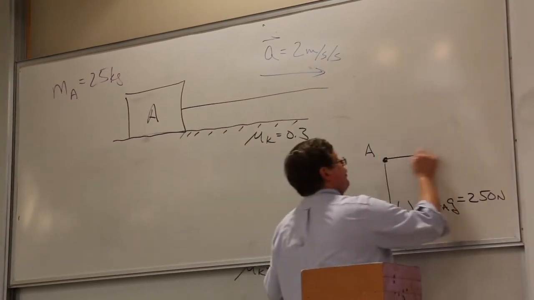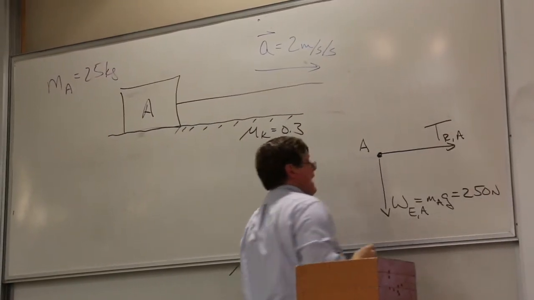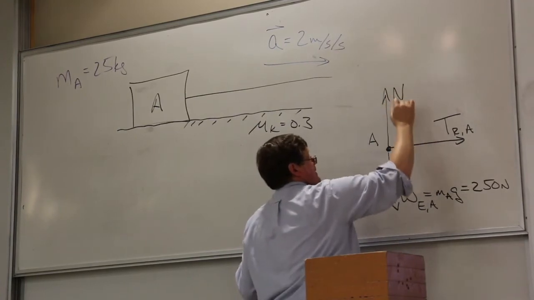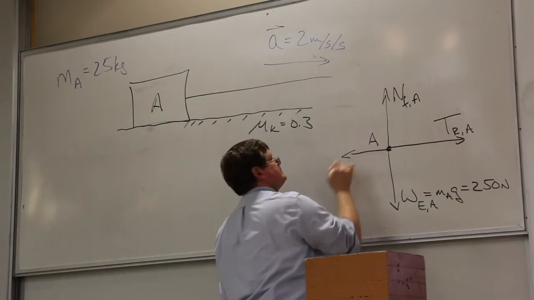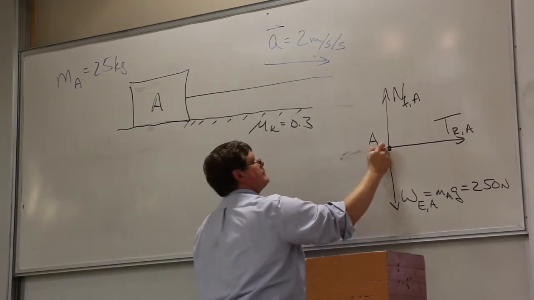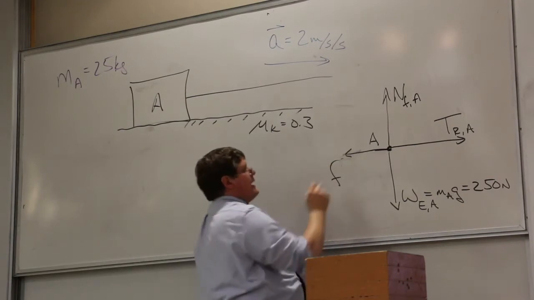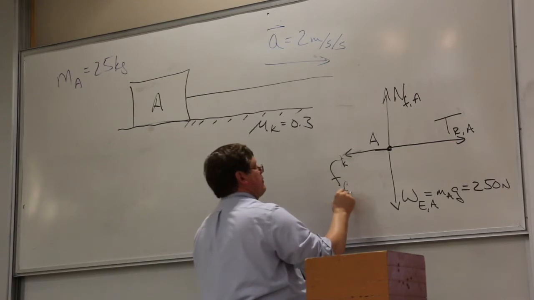The rope pulls with a tension force, and the floor pushes with a normal force and a friction force. And this is kinetic friction. I can hear the scraping going on, and that's going to be the floor on A.